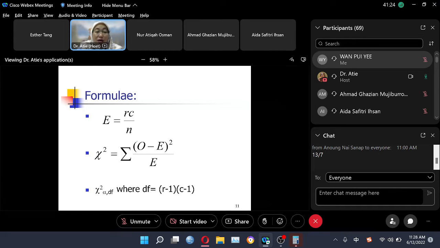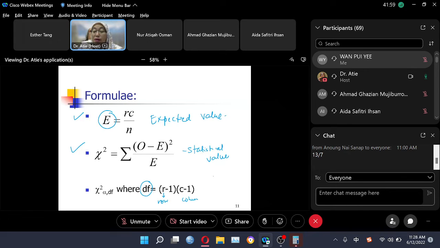Right. There are basically two main formulas that we need to use. The first one, we need to calculate the E, which is the expected value. And then the chi-square, which is the statistical value. And then for the chi-square, we have the DF as R minus 1 times C minus 1, where R is for the row and C is for the column.